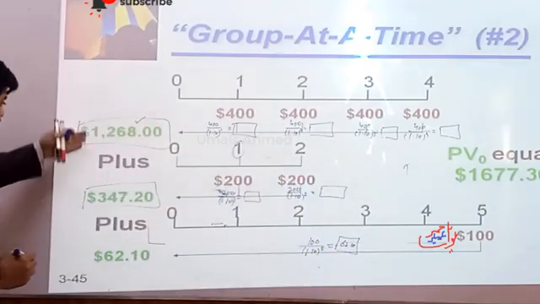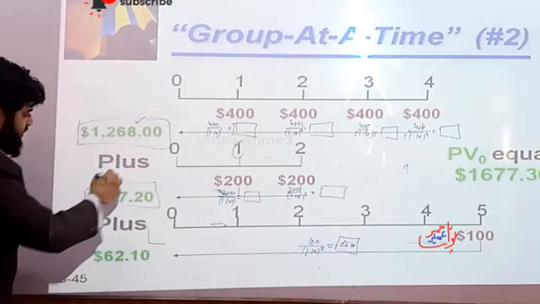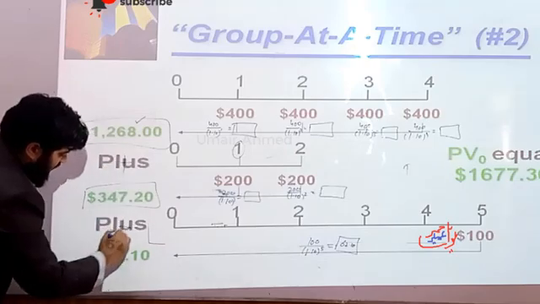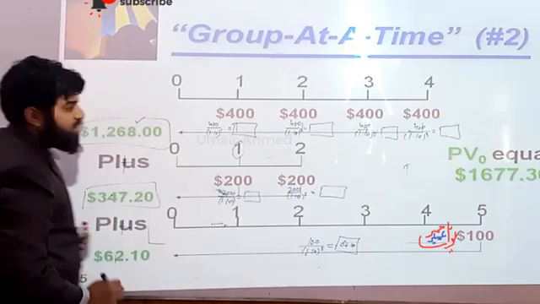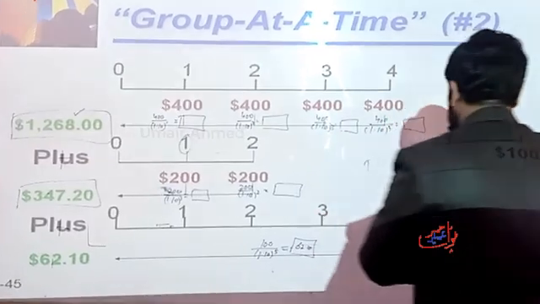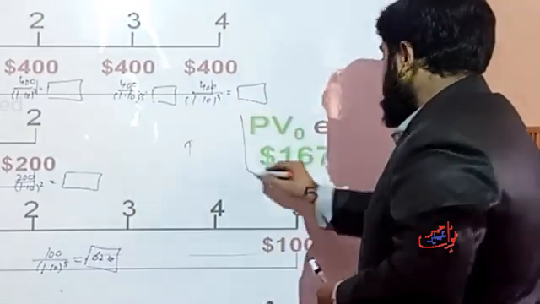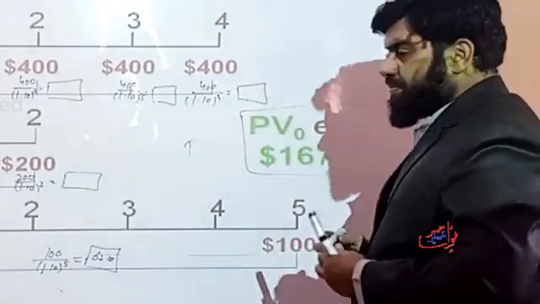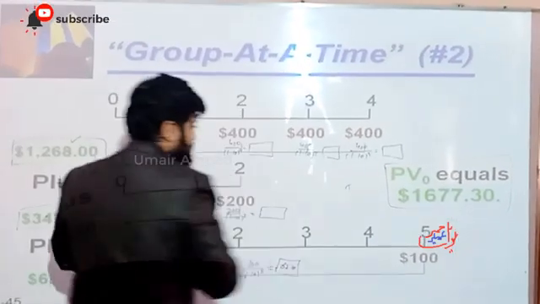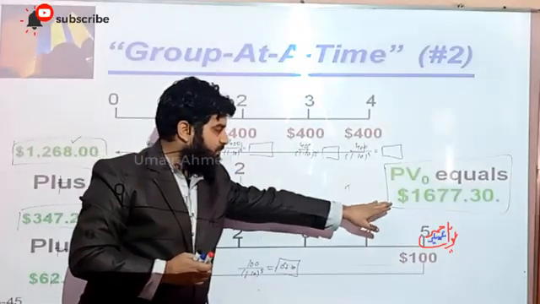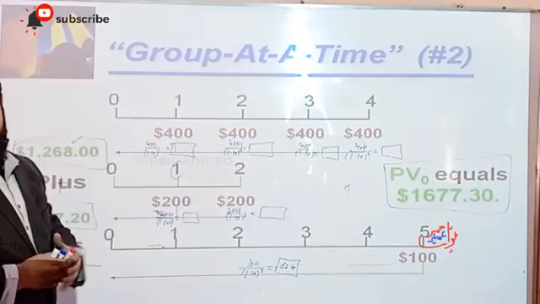And after adding all such values, 1, 2 and 3, you will get this value of present value. So you will get the present value of these three groups.